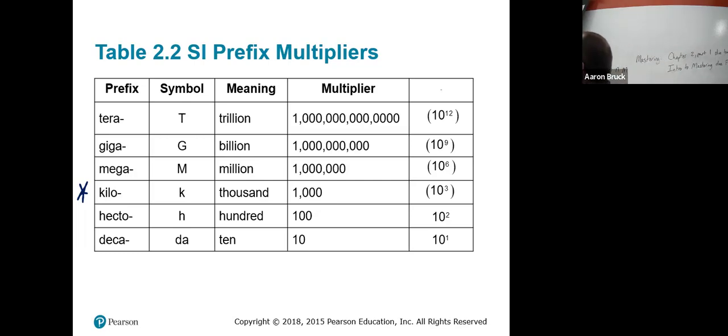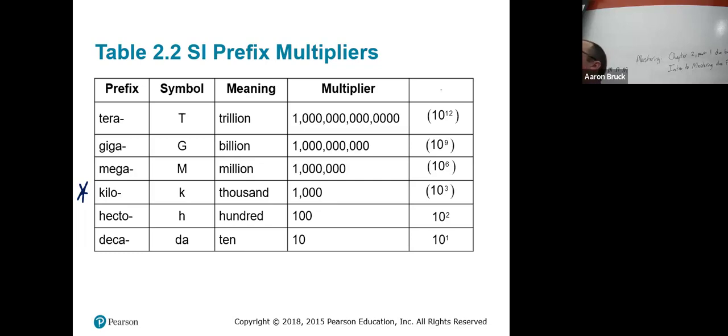The other ones here, like I said, yeah, we know tera, giga, and mega from different kinds of measurements, either broadcast signals, computer capacity, memory, hard drive capacity, those kinds of things. Hecto and Deca, you see them occasionally, but their uses are not terribly common.